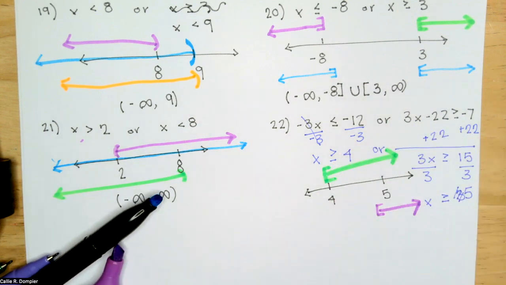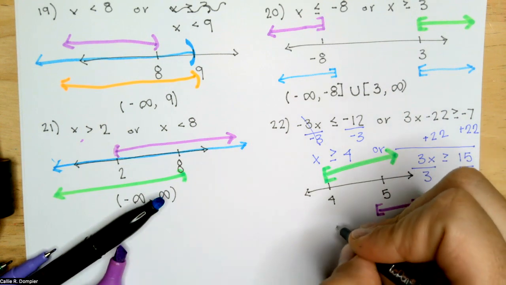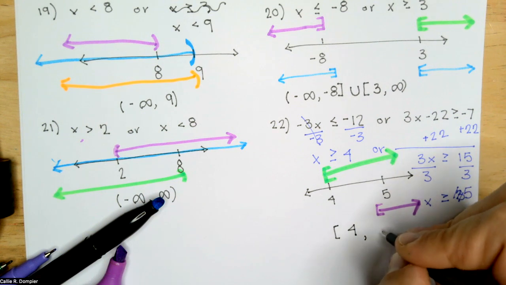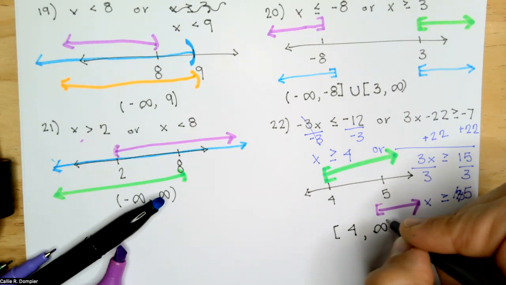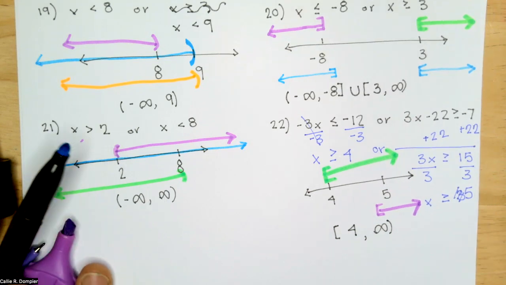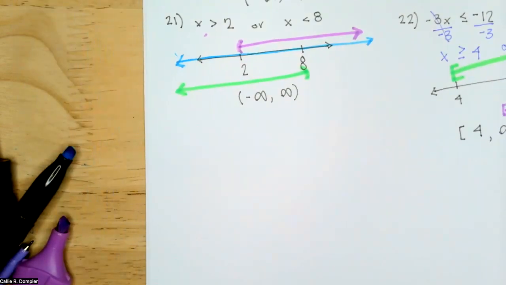Good. And it's or, so it includes both of them. So I'm going to start at 4. And I'm going to go to infinity. Good.